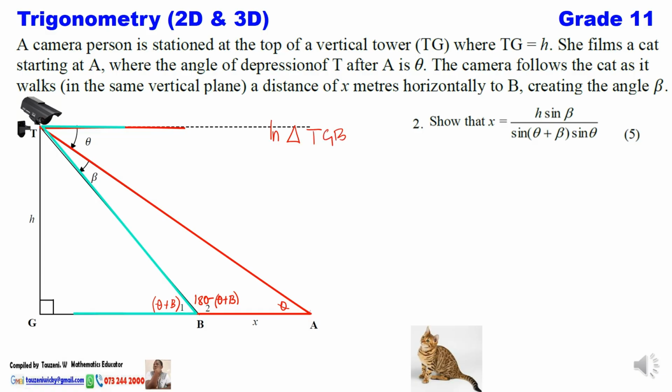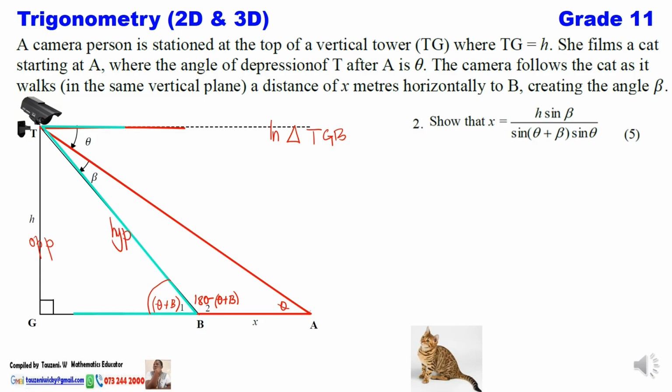In triangle TGB, we notice that according to the angle that is given, which is angle B1, the line TG is the opposite, and the line that we want to calculate, TB, is the hypotenuse of the triangle.